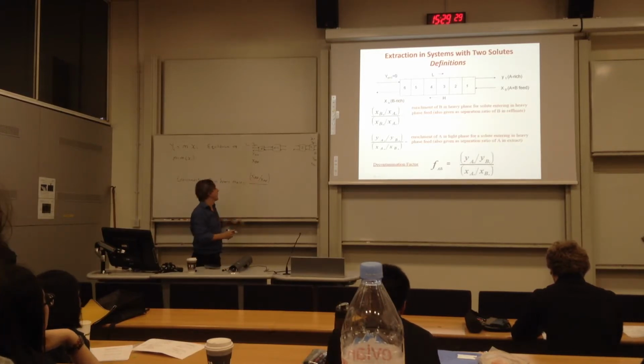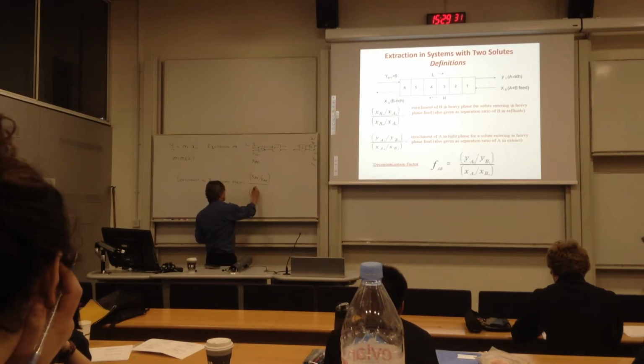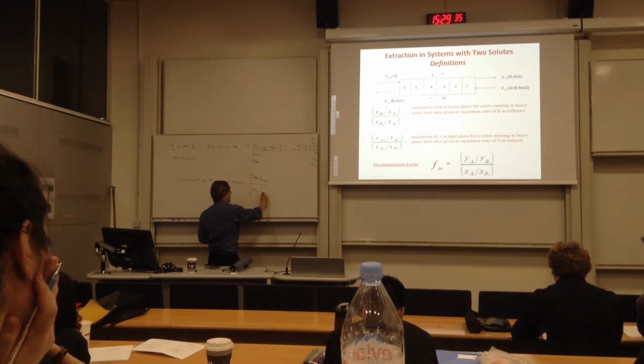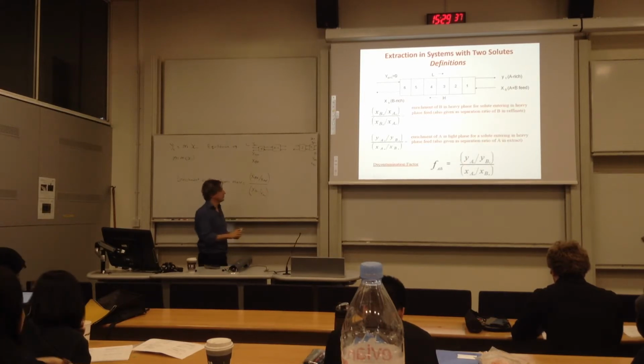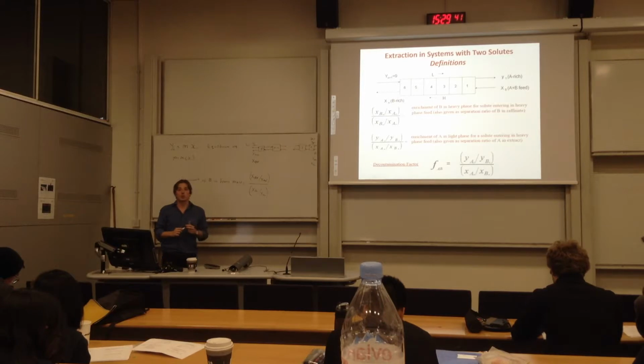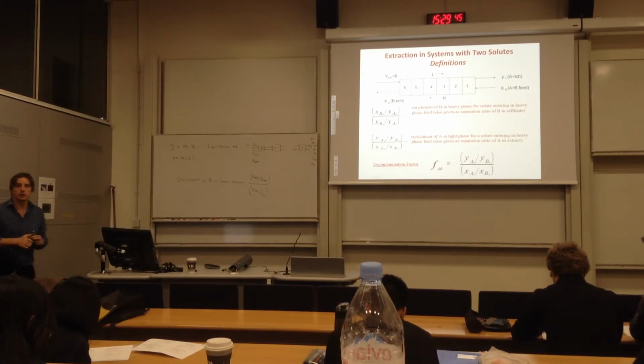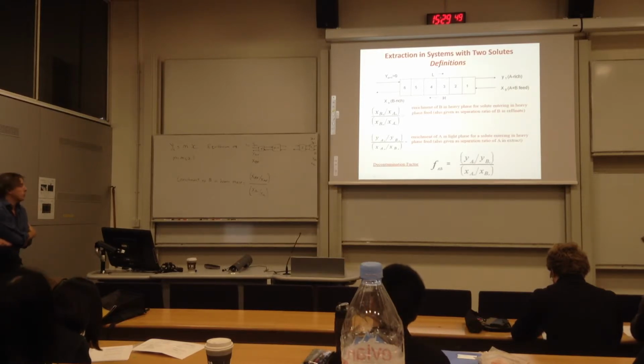And we compare that ratio with the original one, XB0 over XA0. Okay. So, according to what we discussed 5 minutes ago, do you agree that this is an interesting definition? Because what do we want?